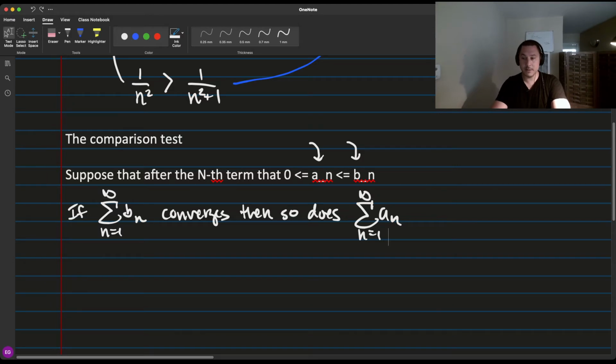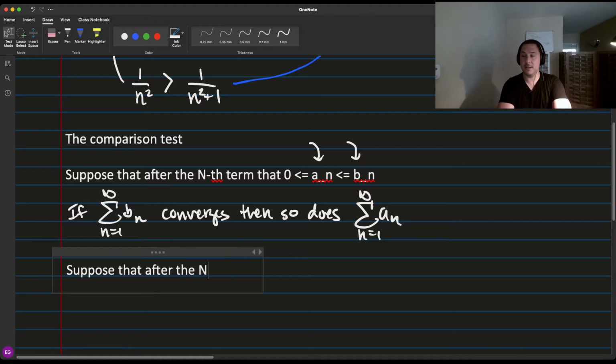Let me type it. For this other part, it goes the other way. Suppose that after the nth term, the bn terms are smaller than the an terms.